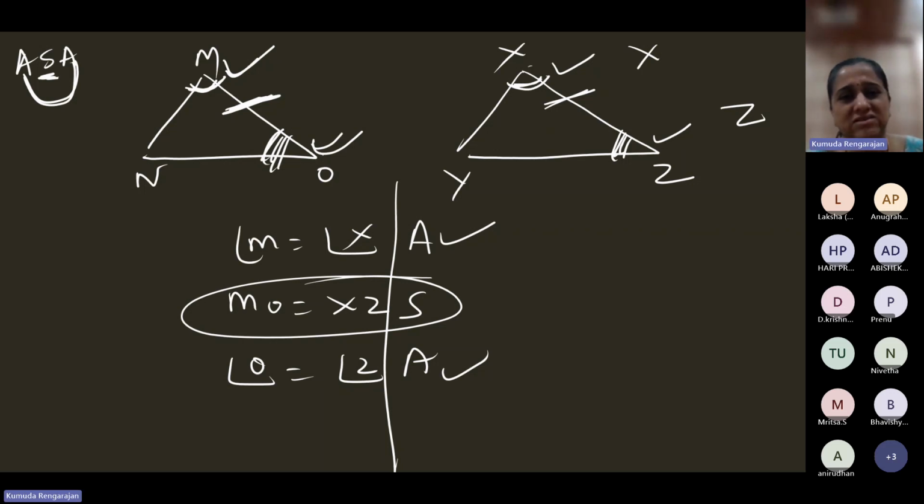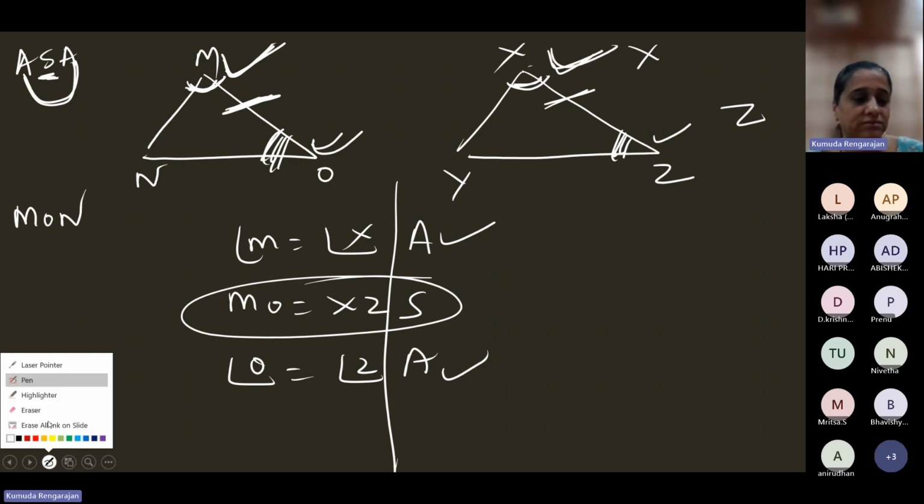Now, when it is ASA, it's easier to name the triangles. If you name the first triangle as MON, you know that angle M is equal to angle X. So if you write M first, you should write X first.